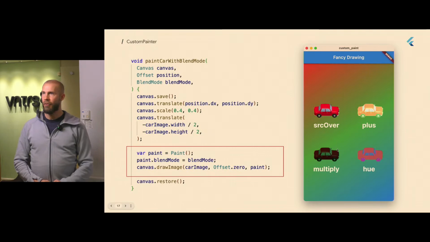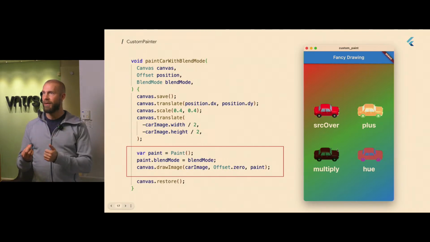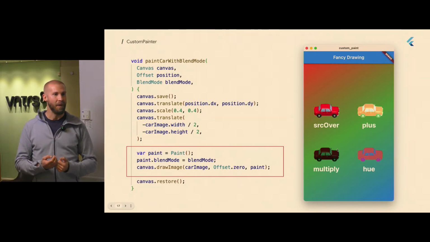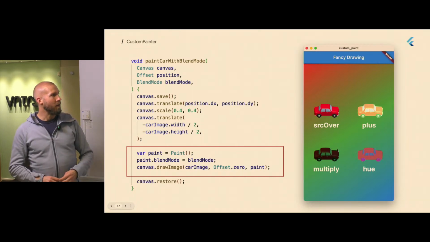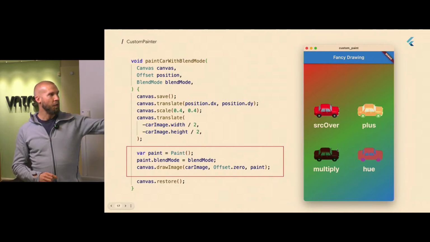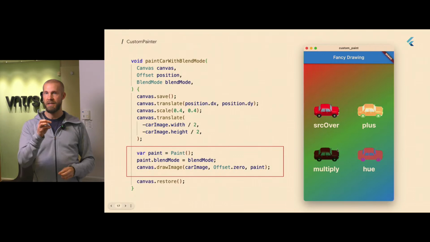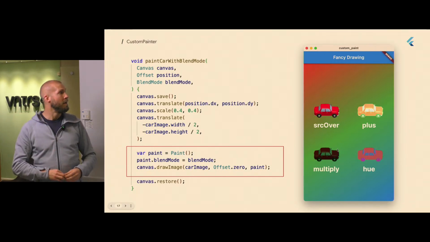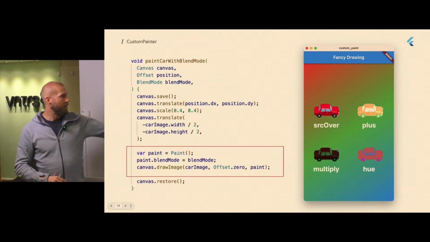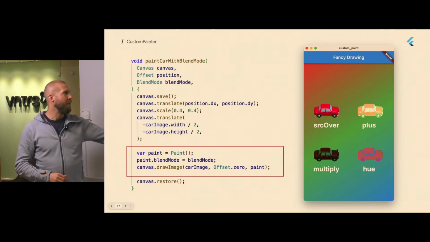When you draw, you also have access to all the blend modes. This is very similar to Photoshop. You have different blend modes; I don't know if you've played around with different layers. You can set the blend mode. The standard blend mode is called source over. The source image is the image you draw, and the destination image is the image you draw it to. This part of the code is just where we set the blend mode.